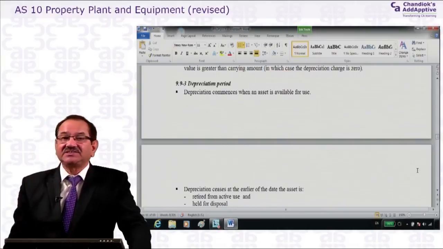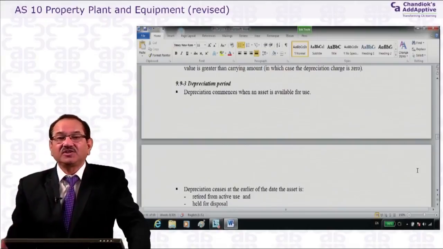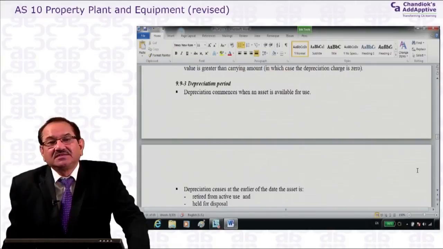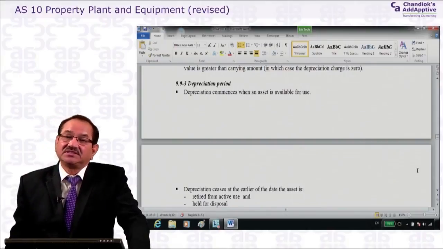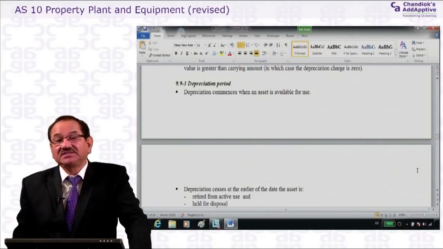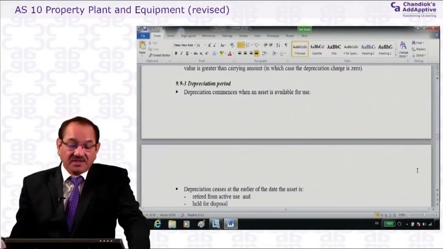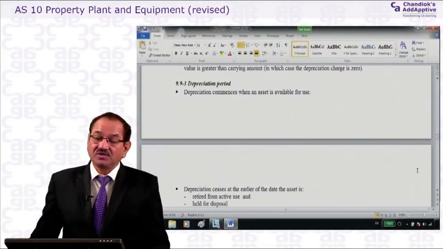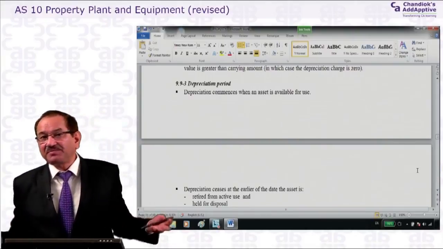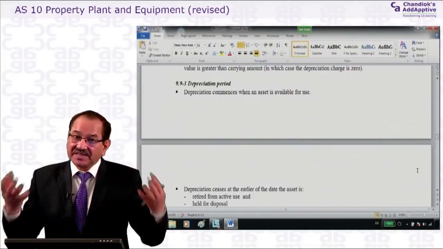We can't consider it as an error of last year. No, it's not an error. It's an estimate which may always change, and therefore any method you followed, because the standard has not prescribed any method.